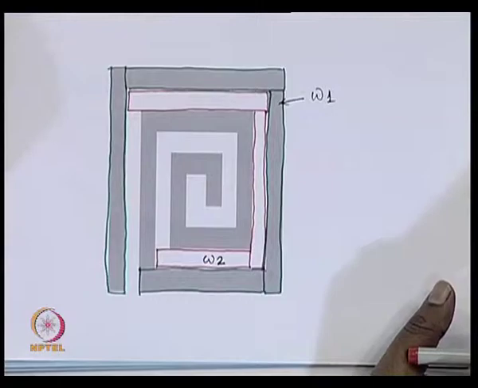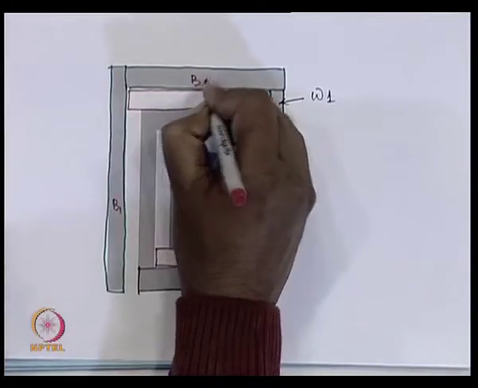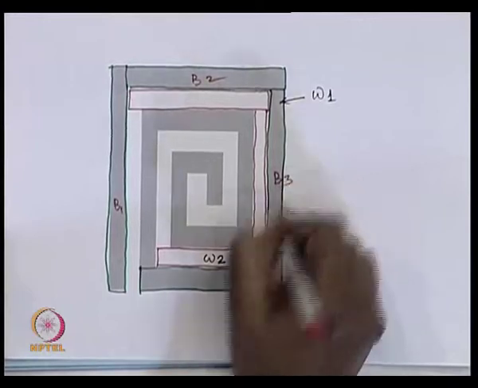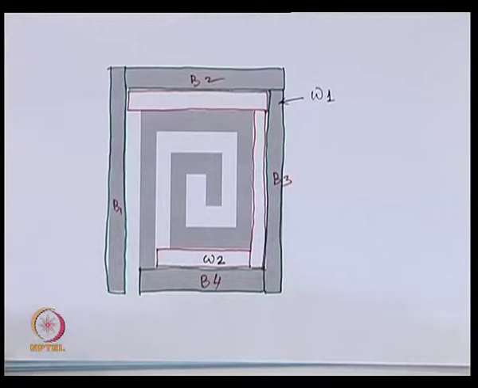Now, if somehow I can collect these hyperboxes under the same umbrella. So, all these boxes B 1, B 2, B 3, B 4, they are put under the same umbrella named omega 1, right.